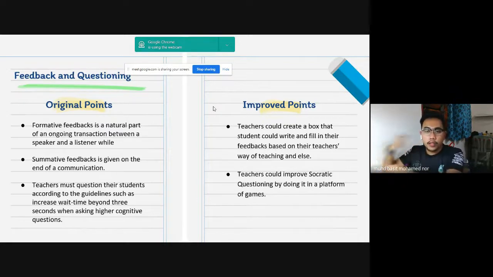That kind of Socratic questioning will enhance our thinking skills and our critical learning. So maybe teachers could do Socratic questioning in terms of a game that could benefit the students, because students love to do games.